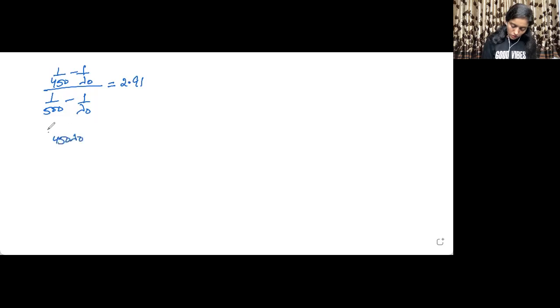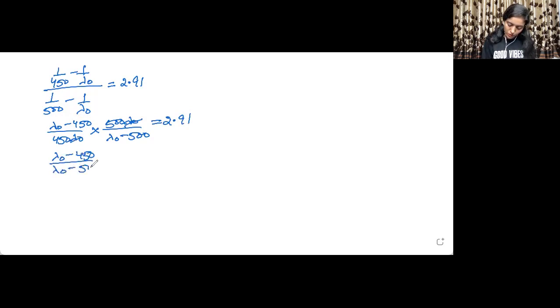On the upper side, it will be lambda naught minus 450 multiplied by 500 lambda naught upon lambda naught minus 500, equal to 2.91. So we can write it this way: lambda naught minus 450 upon lambda naught minus 500 will be equal to 2.91 into 450 upon 500.